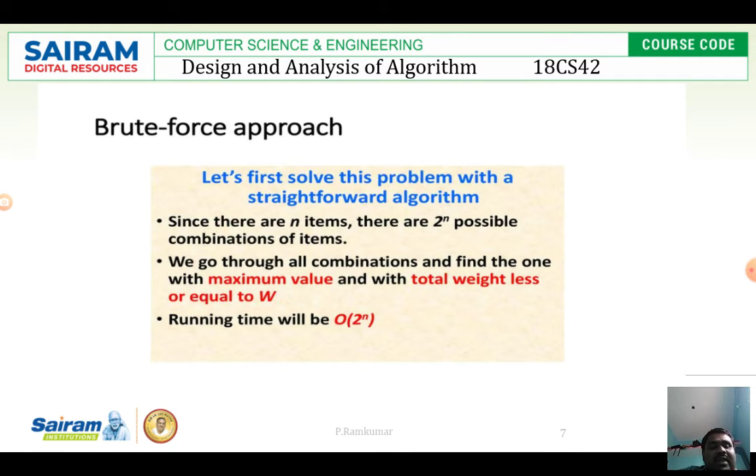If I consider only the first item, then 1, 0, 0, 0 will be represented. Likewise, I can take 16 combinations for 4 objects. So, if there are n objects, then it will be 2 to the power of n. So, time complexity will be order of 2 to the power of n, or big O of 2 to the power of n.